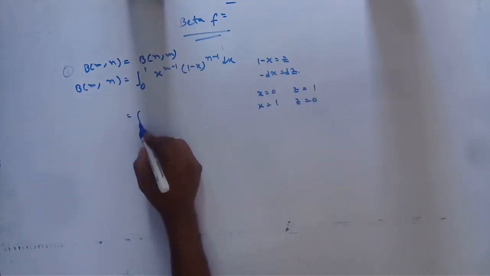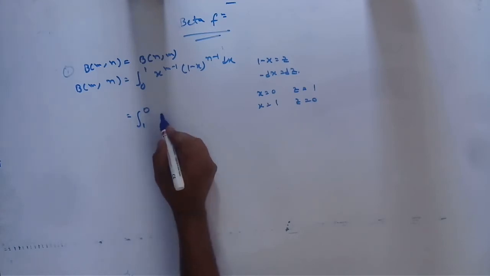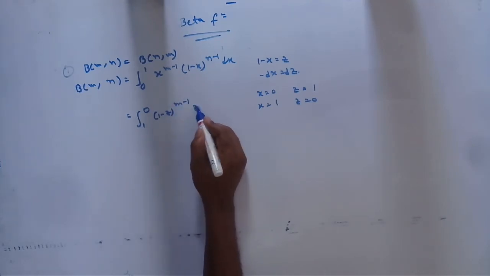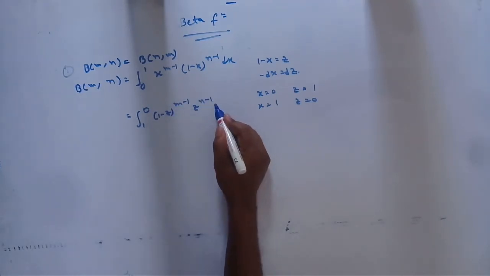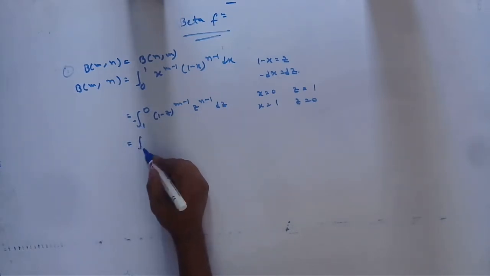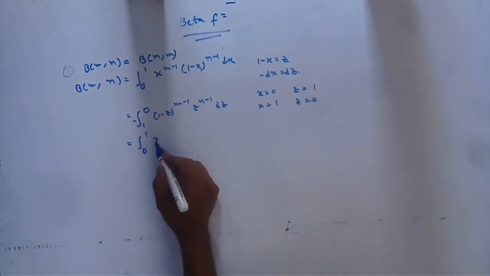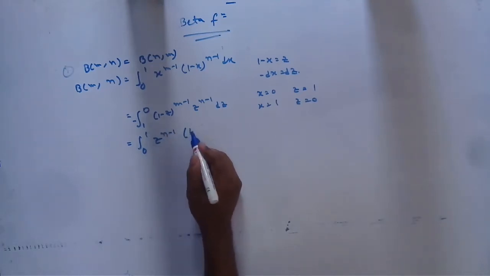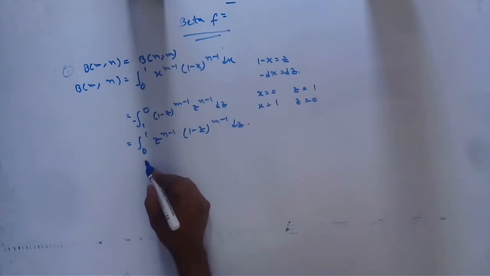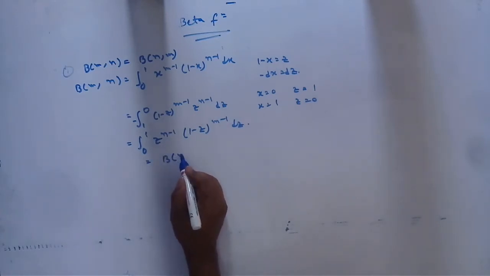So it will be 1 to 0, x equal to 1 minus z, to the power m minus 1, z to the power n minus 1, and dx is minus dz. So changing the limits, you get 0 to 1 z to the power n minus 1 (1 minus z) whole to the power m minus 1 dz, and this will be beta of n comma m. So beta(m, n) is the same as beta(n, m).